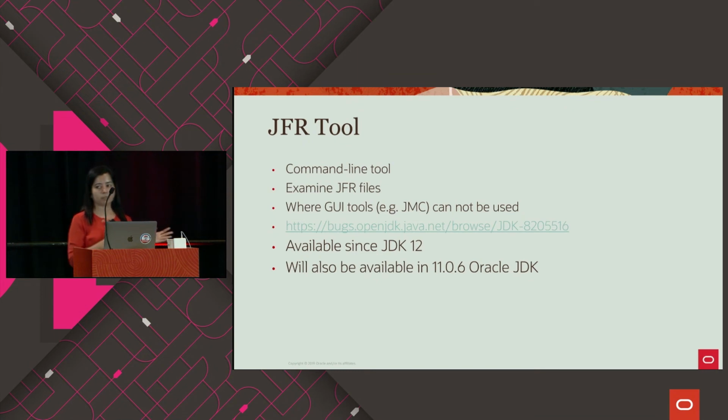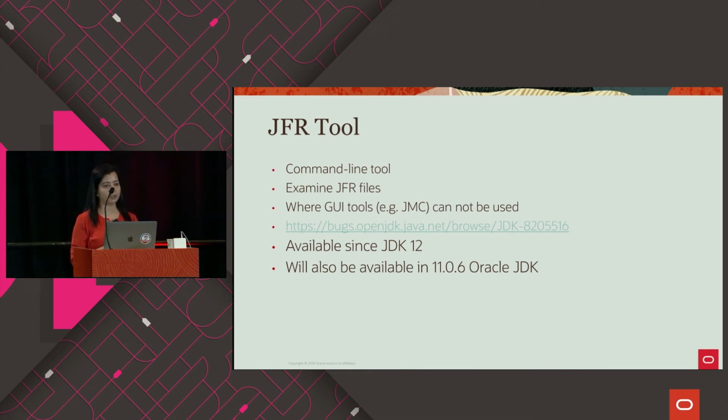So those were the tools which were available until JDK 11. In JDK 12, we added another command line tool, the JFR tool. It's a command line tool which can be used to look at JFR files. We have the JMC tool, which is a GUI based tool to analyze JFR recordings.